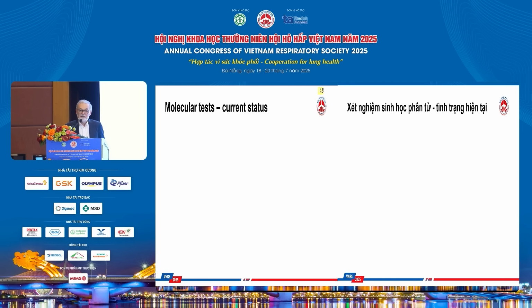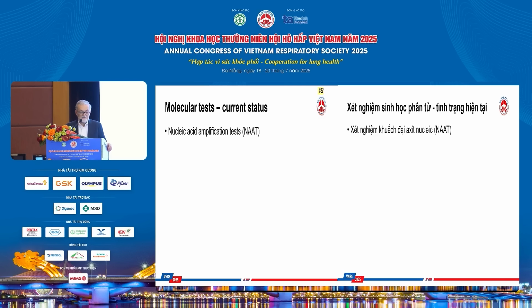So I want to move on to molecular tests, where there have been very major advances. And molecular tests are the future of the diagnosis of TB. They're mainly referred to generically as nucleic acid amplification tests. Sometimes they're PCR, sometimes they're other nucleic acid amplification tests.